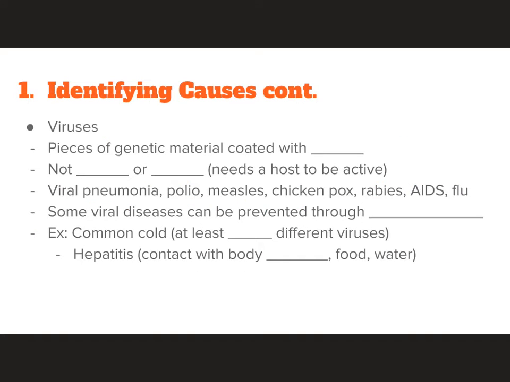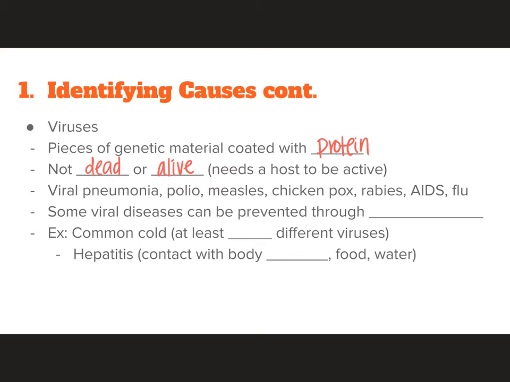Now, we are going to look at different pathogens that are commonly affecting us. The first one is going to be the viruses. These are pieces of genetic materials coated with protein. And the cool thing about them is that they're not dead or alive. So they're not going to go around actively like animals or fungi.